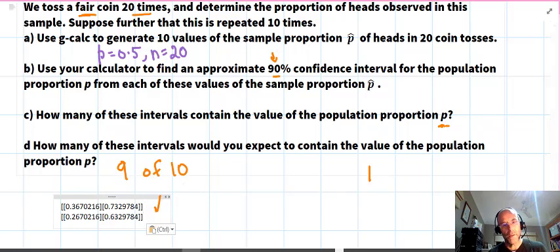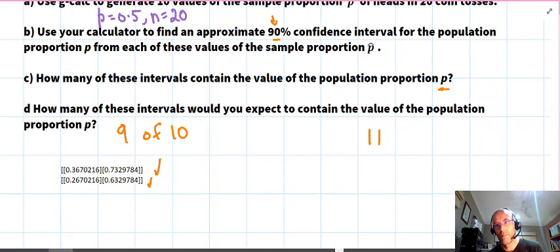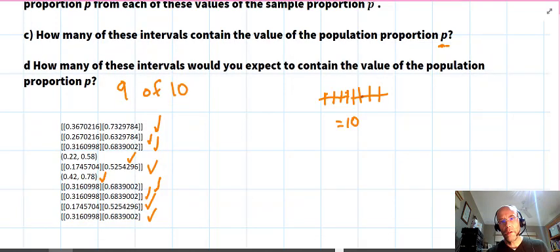Okay, yes, that contains 0.5. There's 2 out of 2. Now continuing on in the same vein. Hey presto. That's interesting. We got 10 out of 10. So how many of these intervals contained it? We got 10 out of 10, and we were expecting 9 out of 10.